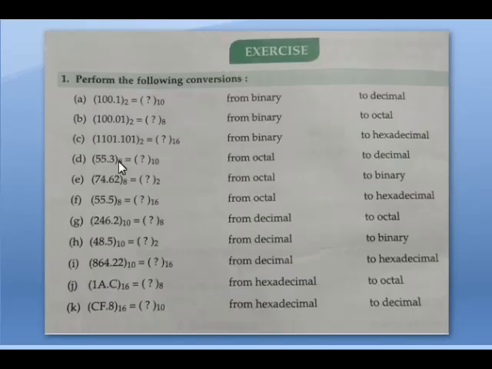Now students, take your copy and convert these numbers. It is a must to see the base, and when you are writing the answer, it is a must to write the base of the numbers.